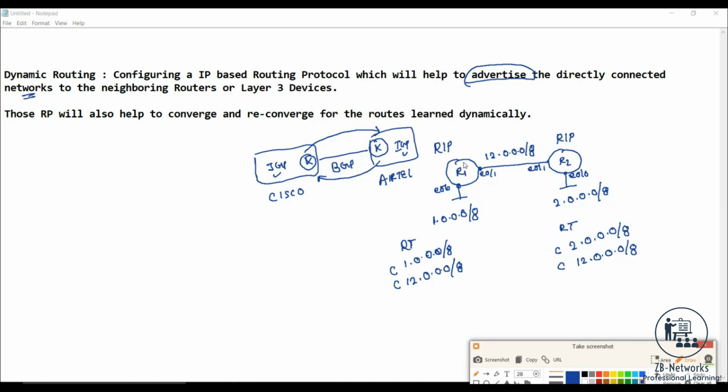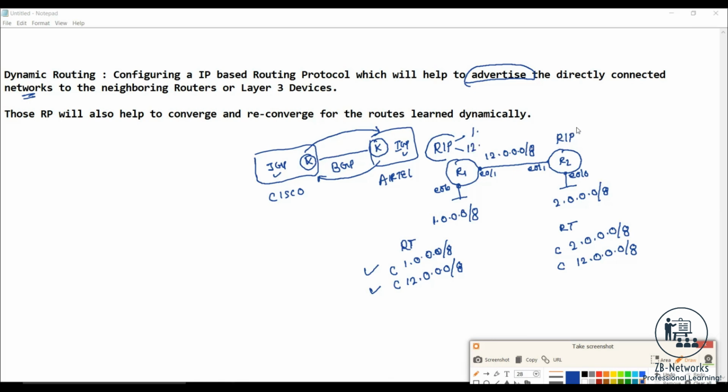So what is the purpose of RIP? In both the routers, we say that we are going to run RIP inside both routers' operating systems, and you inform RIP regarding the directly connected networks of each router. So tell RIP, you're running on R1, and this router R1 has these two connected networks, the 1.series network and the 12.series network.